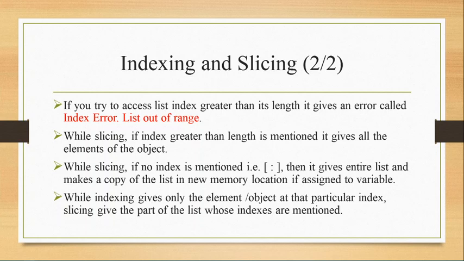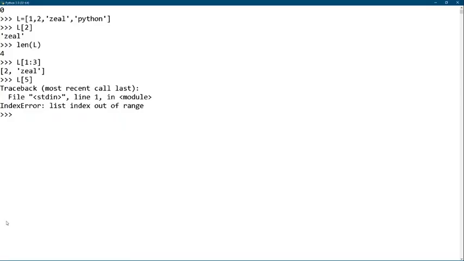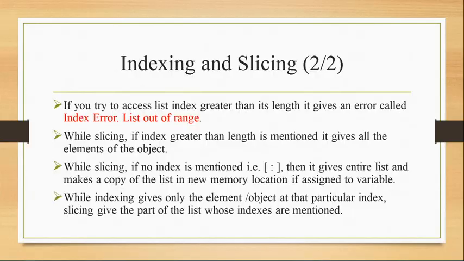But while slicing, if an index greater than the length is mentioned, it gives all the elements of the object. That is, while slicing, if instead of 3 I give 5, which is out of range, it will give me everything till the end, all the elements in the list.